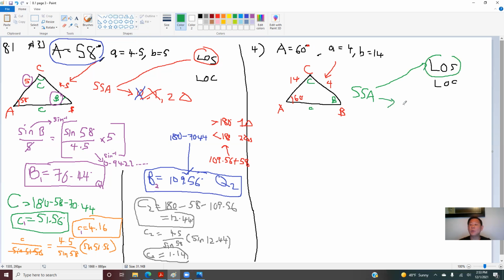And this is the ambiguous case where you can get 0, 1, or 2 triangles. Only this has this special case. The rest only have one triangle. We still need to find angle B first, like what we did here. So go ahead, find angle B first. Very important.